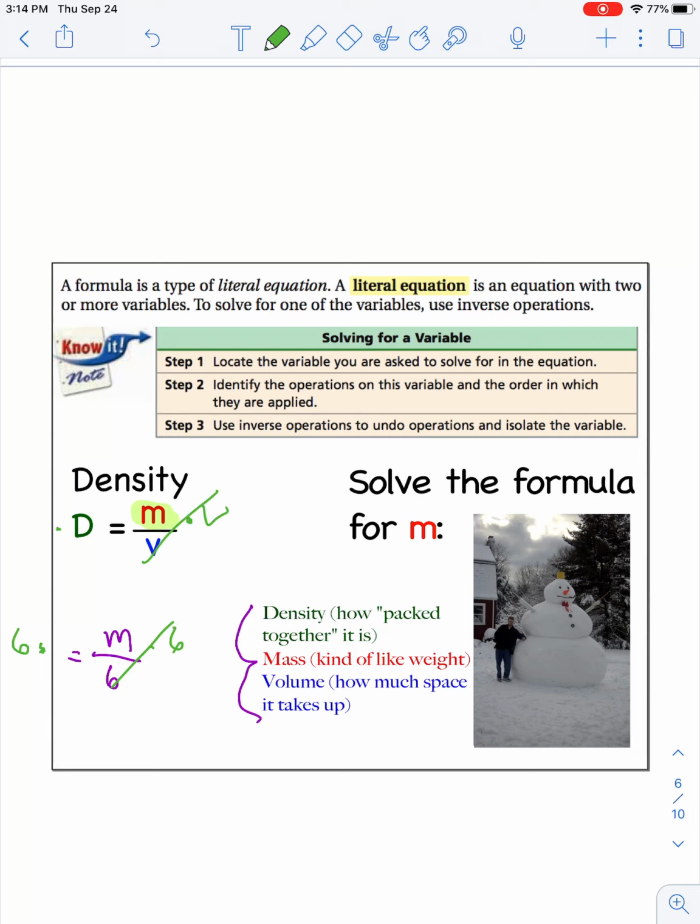We're going to multiply by v. So now what we get for solving it for m is v times d is equal to m. Or you could write it d times v equals m. And now we have solved this literal equation for m.